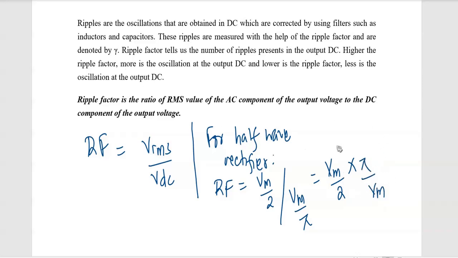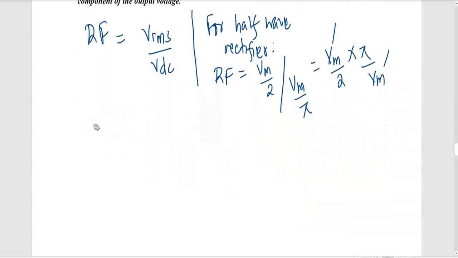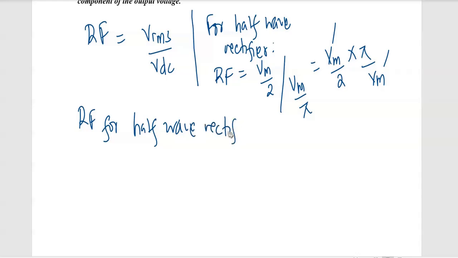When Vm cancels, we finally have the ripple factor for a half wave rectifier equal to pi over 2, which is the same as 1.57. So the ripple factor for a half wave rectifier is very high at 1.57.